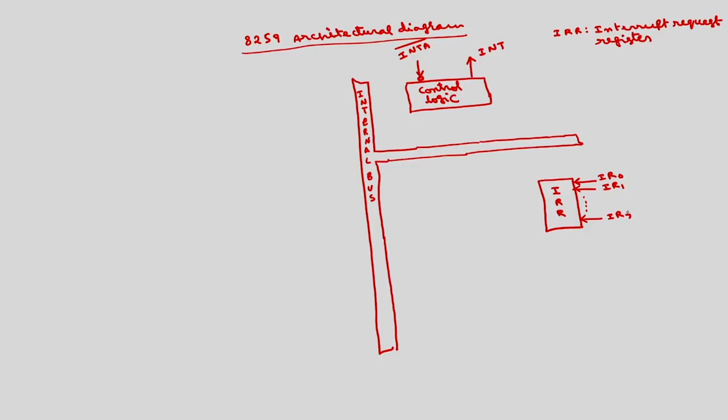Each interrupt can be connected to 8 IO devices through this IRR, because if all these interrupts occur simultaneously, you should have some circuitry to resolve the priority of these interrupts. So, there is a priority resolver.